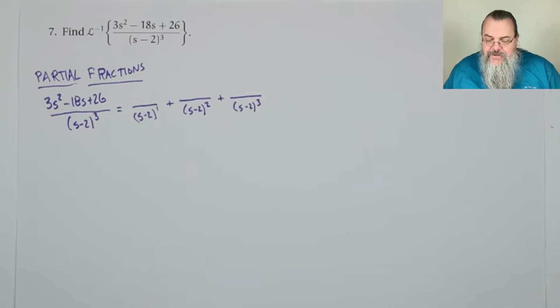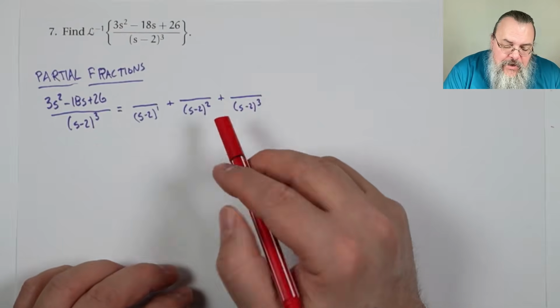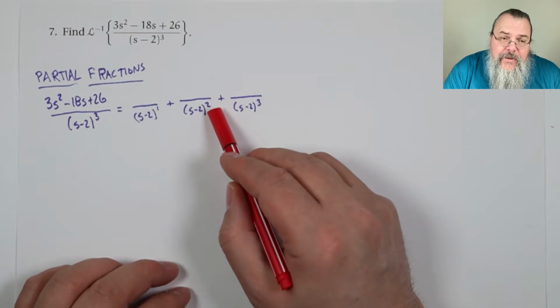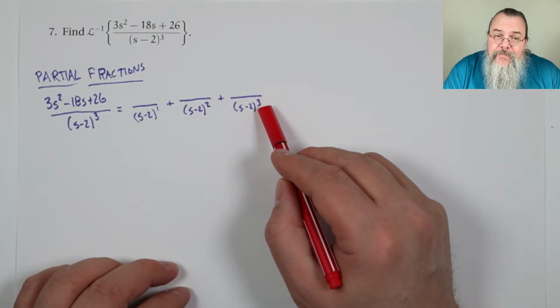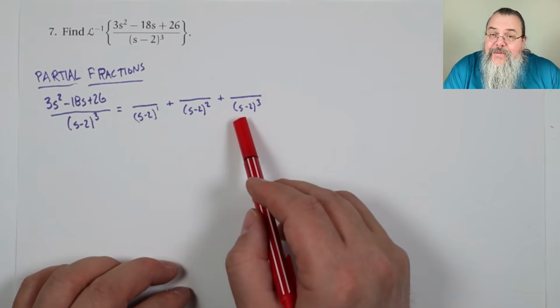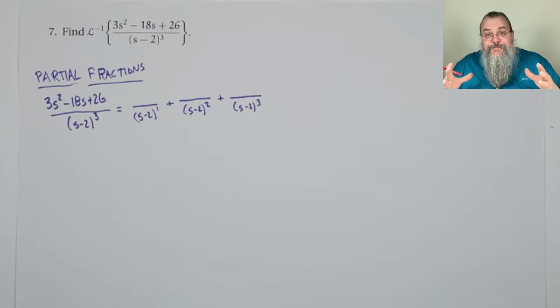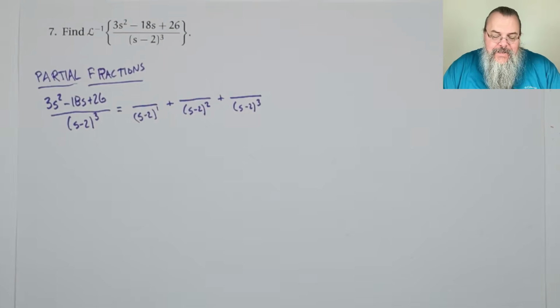Now what goes upstairs? This is a point where some people struggle, but let's be really clear. When you're keying in on what's downstairs, you don't key in on this part right here, this 2 or this 3. What you're keying in on is what's inside the parentheses. In each case, it's what we call a linear term, something with just an s.